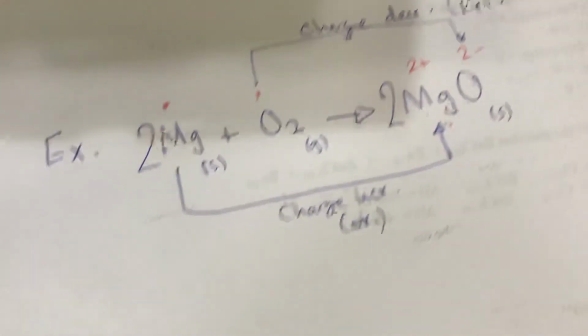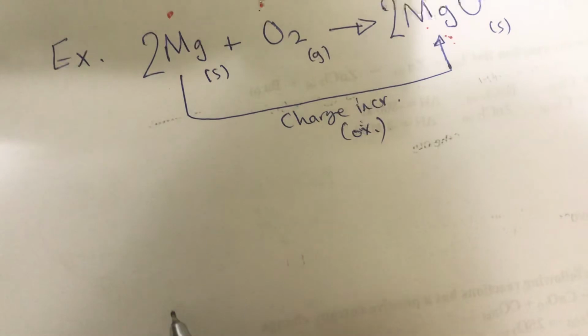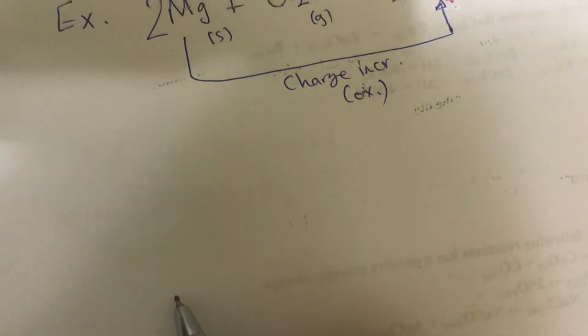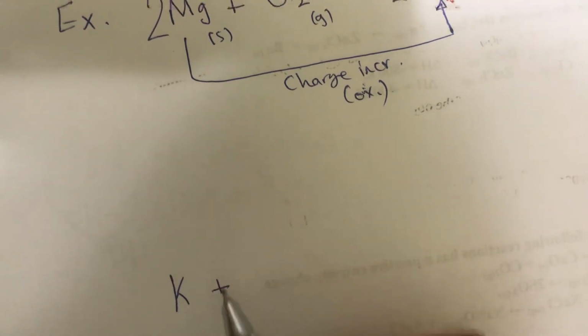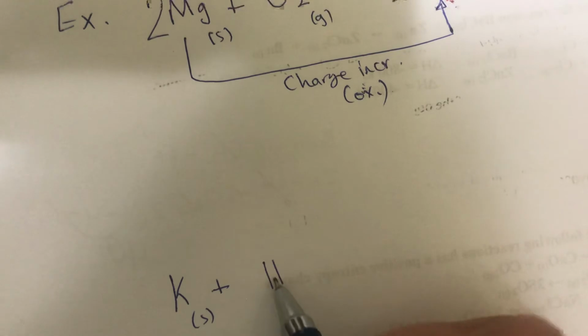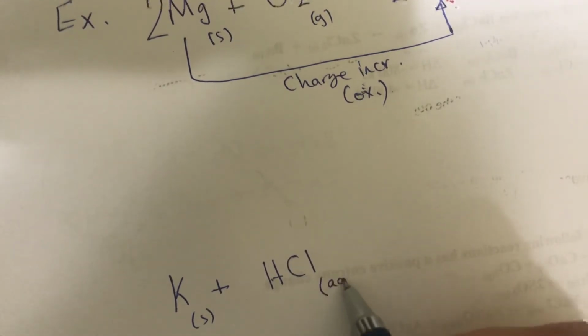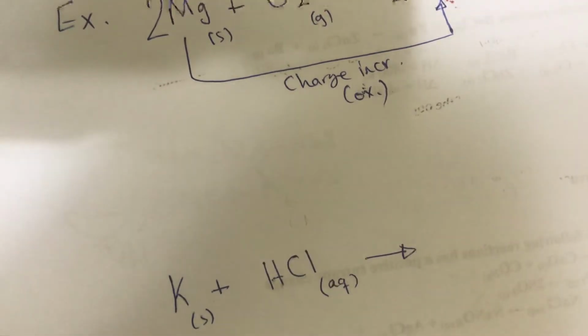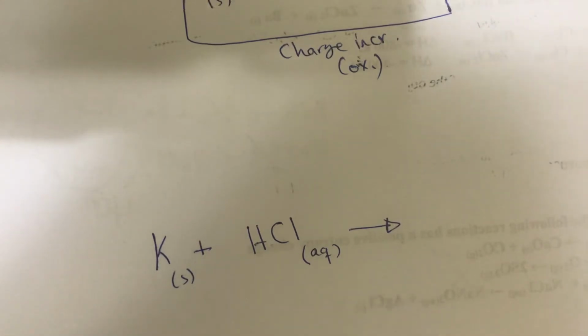What about another example here? For example, potassium plus hydrochloric acid produces... It's element plus compound. If you remember, it's a type of single displacement reaction.